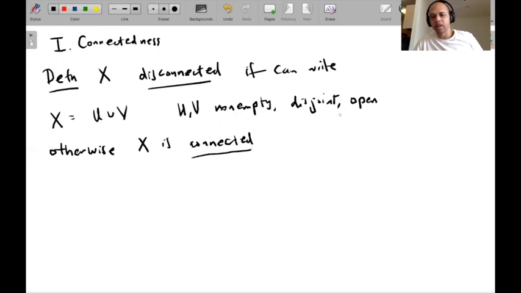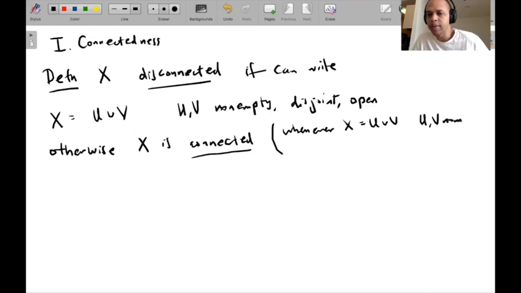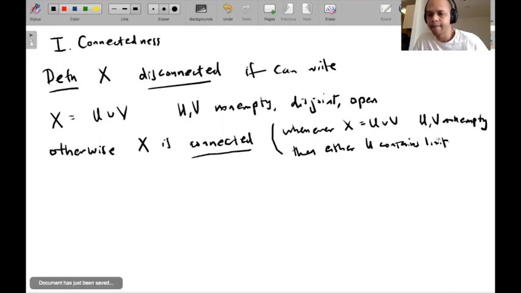Another way we can say this is, whenever we can write X as U union V, with U and V non-empty, then either U contains a limit point of V, or conversely.